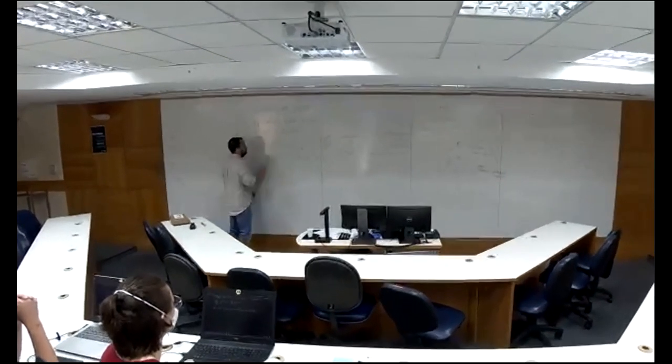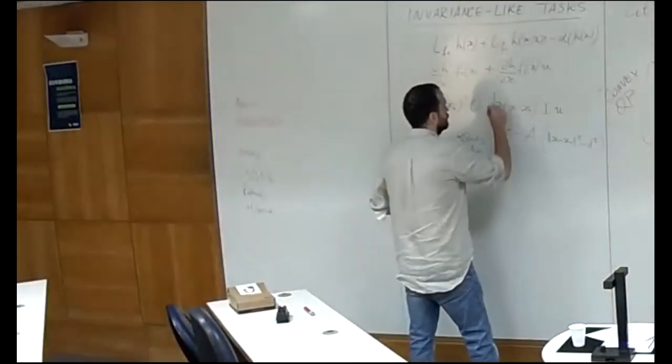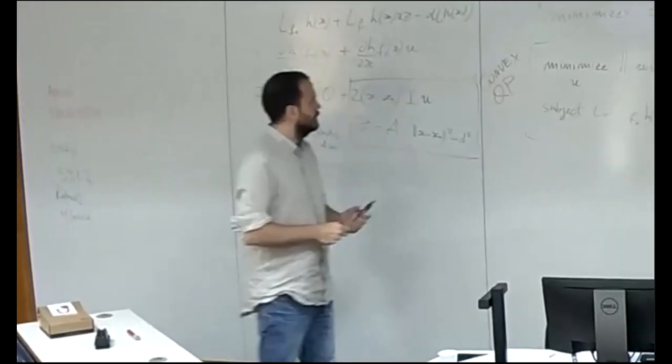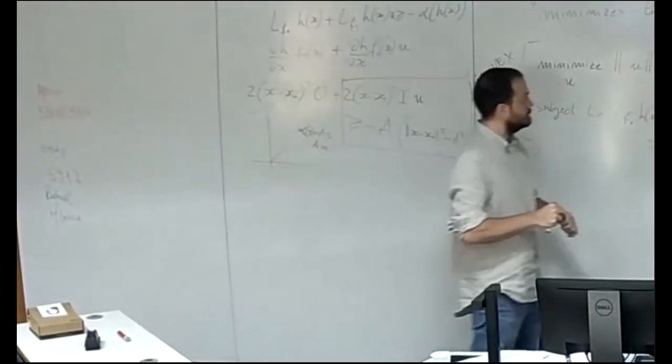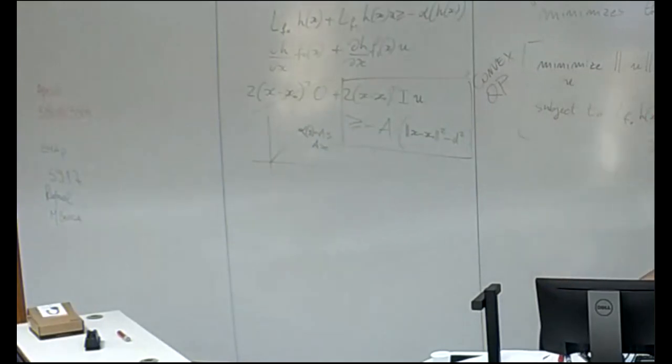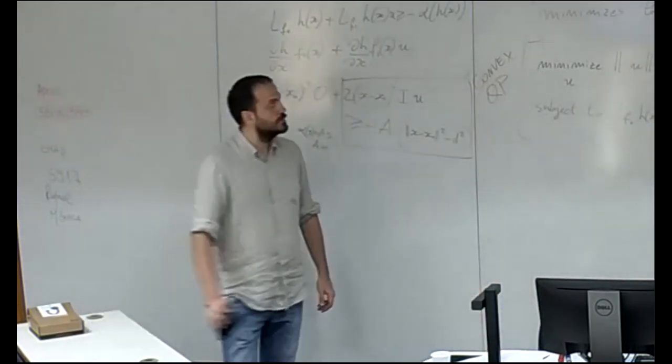This is 0. Okay. Here is the simple state that we need. Inputs. Let's write down the optimization.